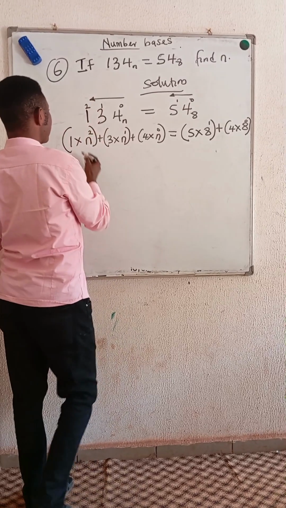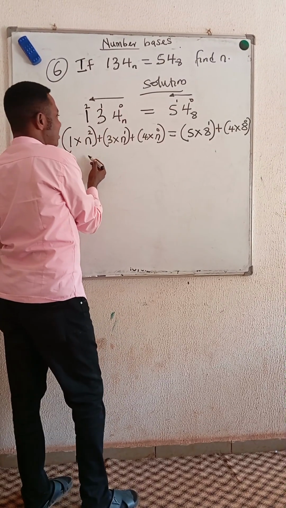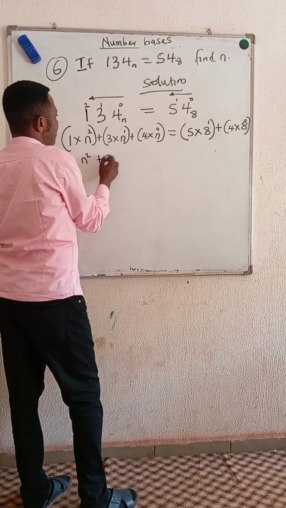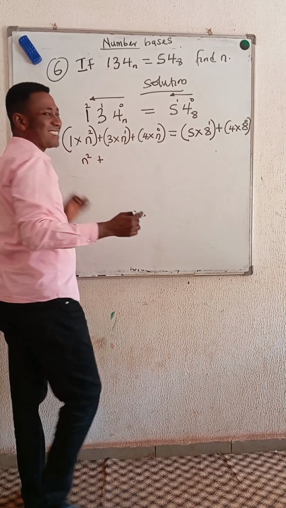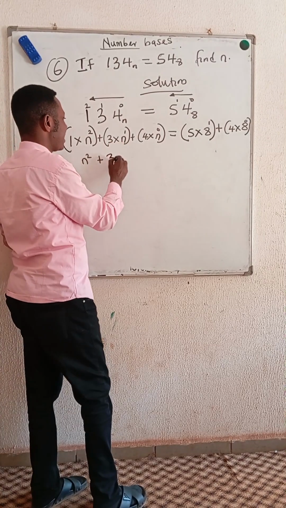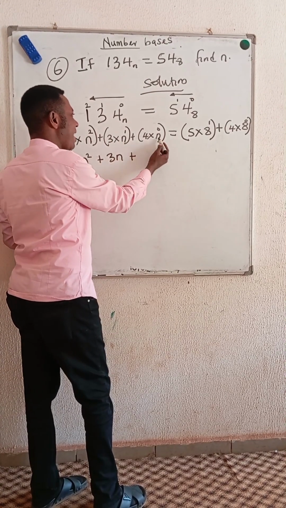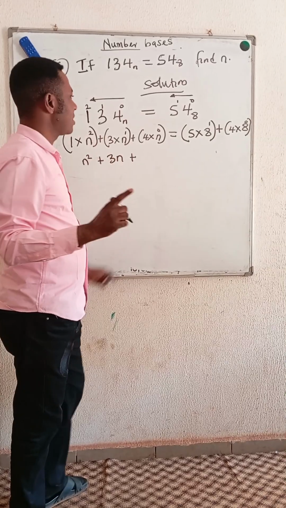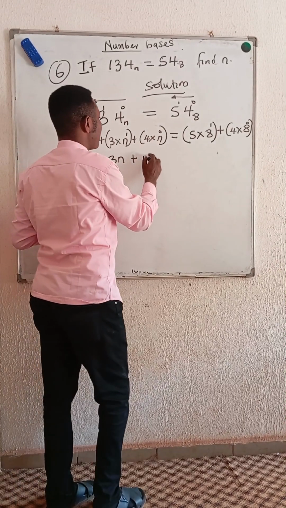So now, what are we going to do? n squared times 1, we have n squared here. n power 1 is n, then n times 3, we have 3n. n power 0 is 1, because anything raised to the power of 0 is 1. 1 times 4, you have 4.